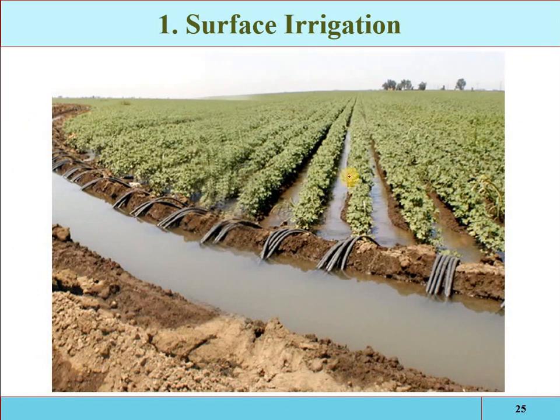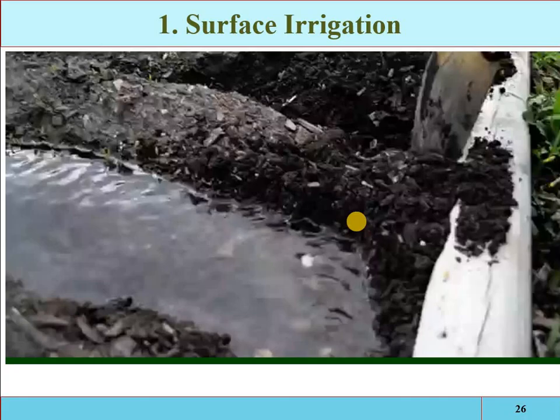See, this is a form of controlled surface irrigation, furrow irrigation. From the main field supply channel, the water is introduced into each and every furrow with the help of these siphons. The discharge depends on the requirement, the length of the furrow, the crop requirement, and the type of soil, so that the water may be applied uniformly.